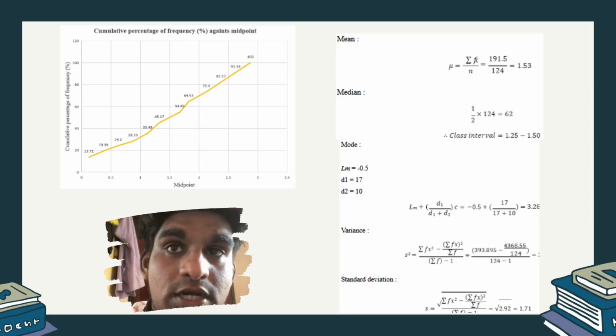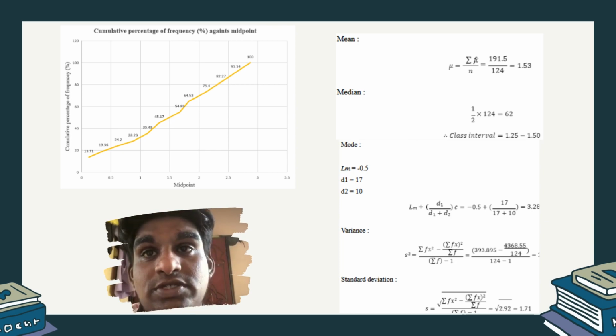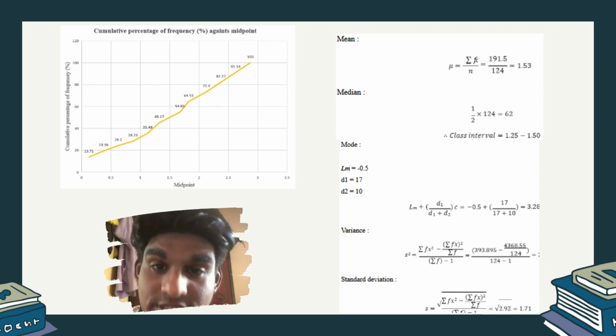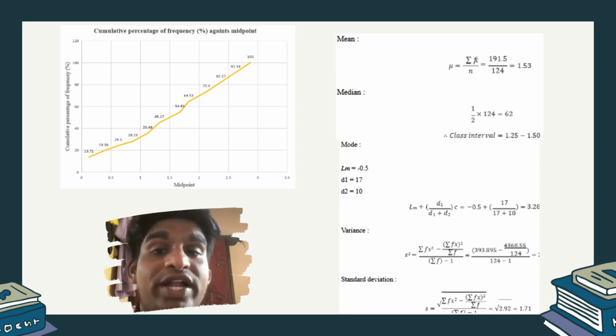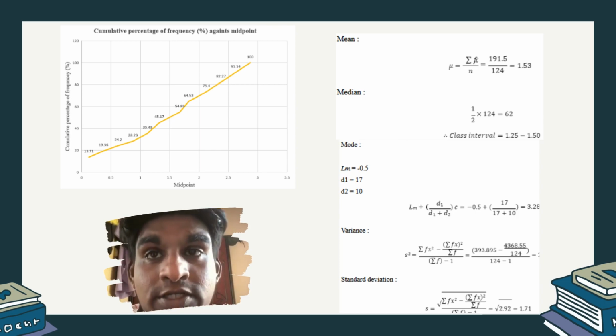Now I will explain the cumulative percentage of frequency against midpoint. This is the graph. The graph is increasing from 19.71 to 100. The right side is the calculation. We start from the mean.